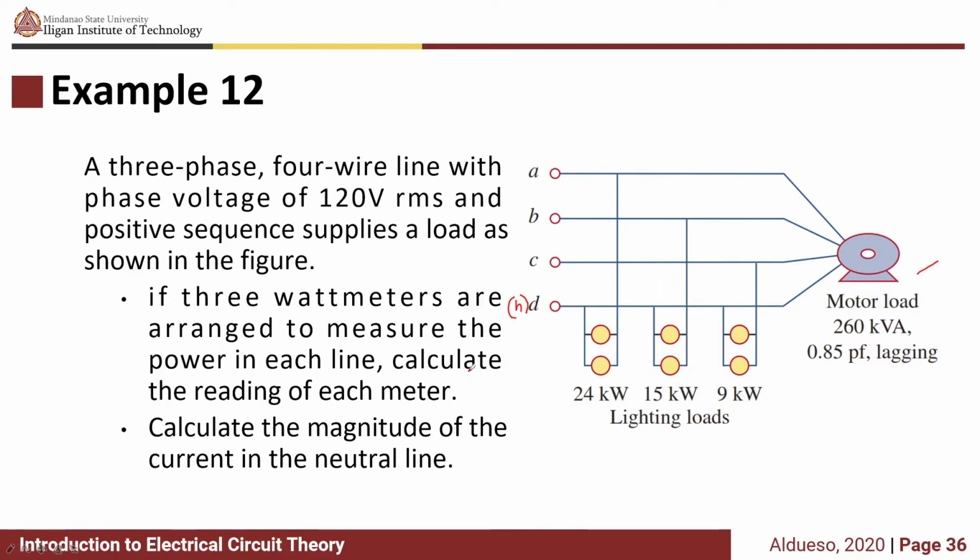So if we are to measure the power in each line, we must connect 3 wattmeters, one to each phase. We have meter 1, then meter 2, we have wattmeter 3. So where do we connect the common line? So we connect it to the neutral line.